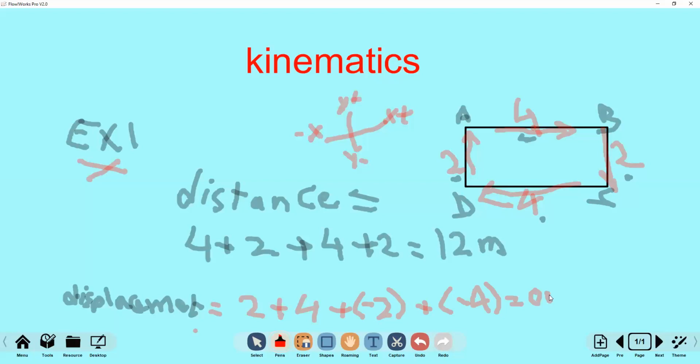There is no change. Why? Because the directions cancel each other: A to B cancels C to D, and D to A cancels B to C, since they are opposite to each other. The conclusion: for any closed shape, the total displacement equals 0. But the distance is calculated for all the motion.